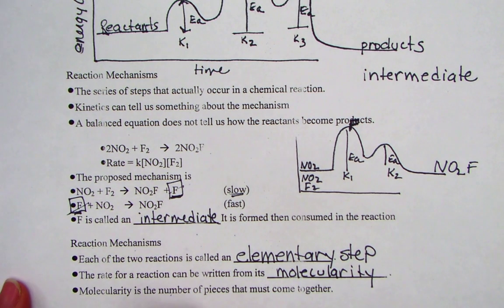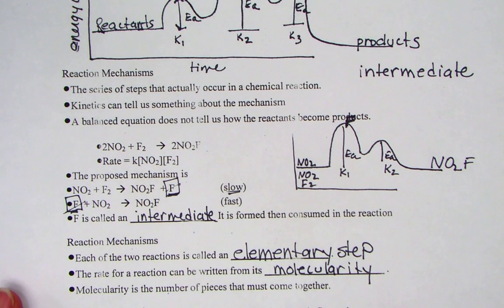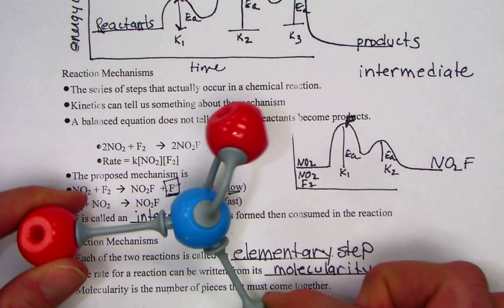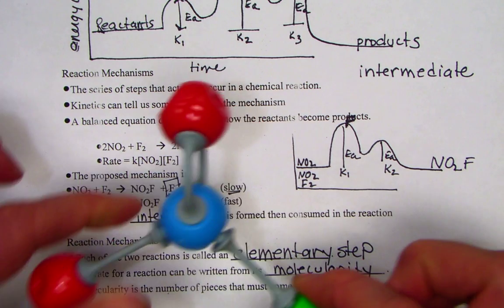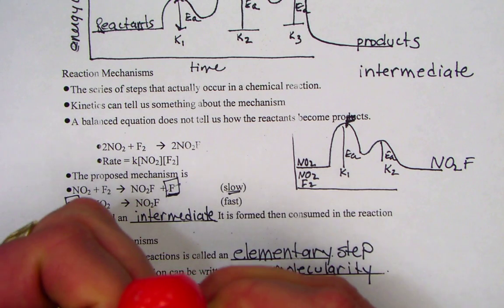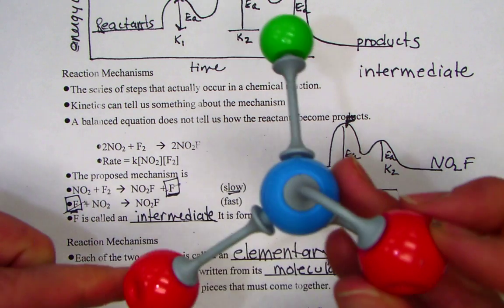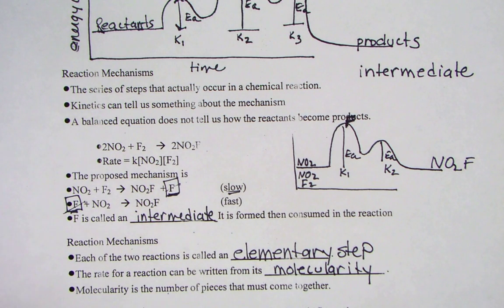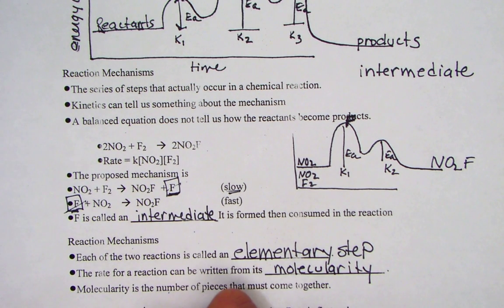If I have something known as a unimolecular step, unimolecular, uni meaning one, what it's involving then is a single molecule just rearranging itself. Not necessarily a collision because it's just a single molecule, but if I rearrange bonds, I could have a unimolecular description.